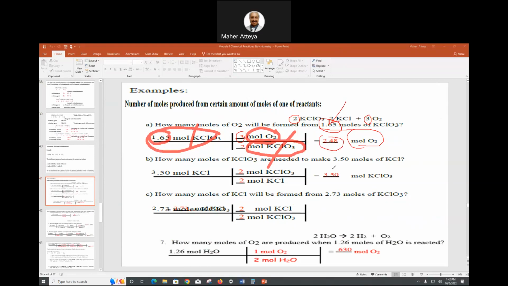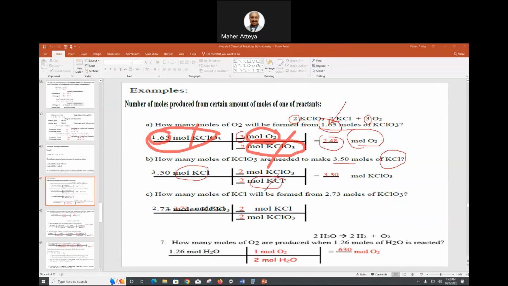Now, if they give you 3.5 moles of the product you have obtained, potassium chloride, and it asks you how many moles of the reactant you have to start with, well, this is given to you, moles of potassium chloride. You look at the ratio, moles of potassium chloride has to be on the bottom. Why?